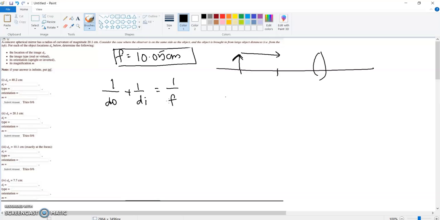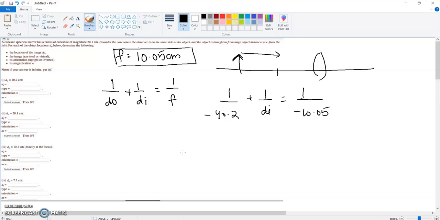So for the first part, the object is at a distance of minus 40.2, and the focal length we just calculated is 10.05.